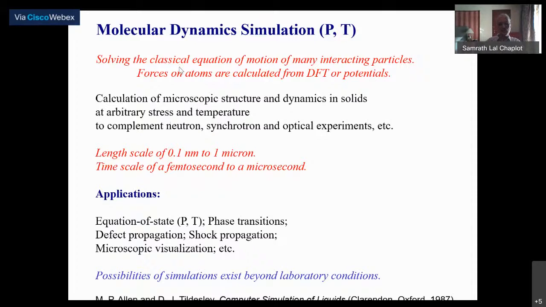Because we calculate the positions as a function of time, the trajectories of the atoms, you also have the velocities available. If you have the position as a function of time, you can calculate the velocities, and therefore you have the full position and time information.